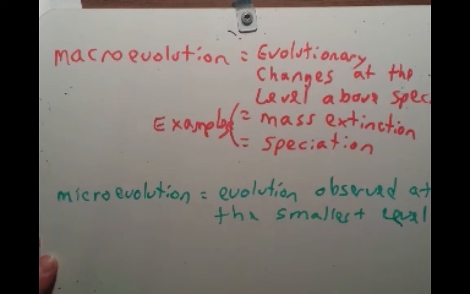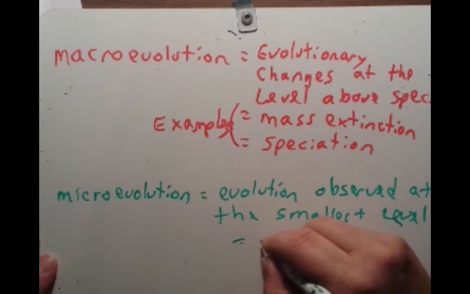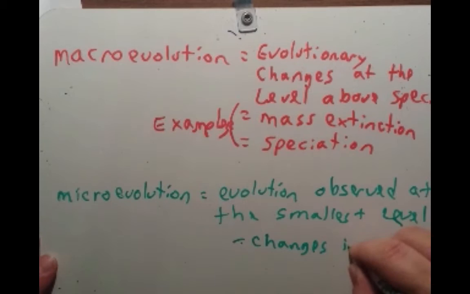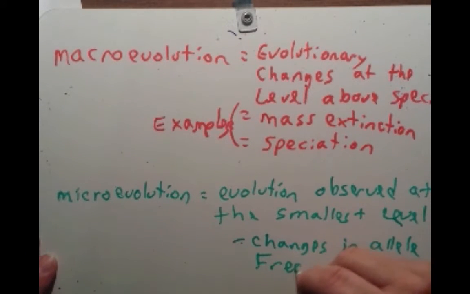And this would include changes in allele frequency. Just like we saw in the last picture there, the allele frequencies changed because the blue individual was selected for. So now the allele frequency in that population was more predominantly little a. That would have been an example of microevolution.